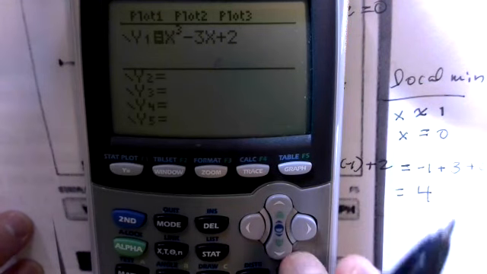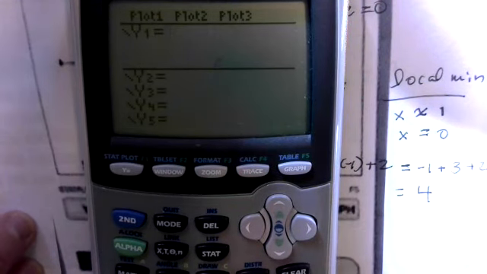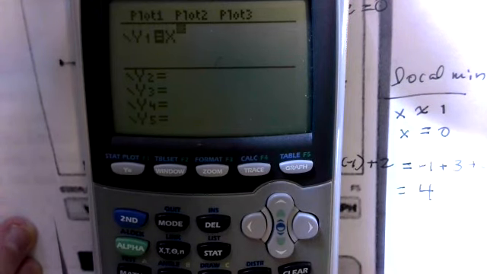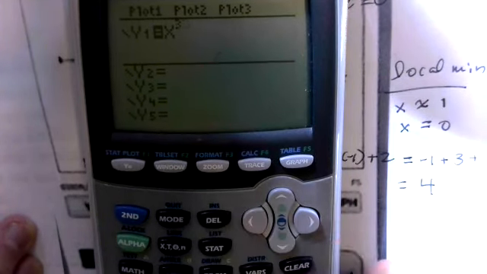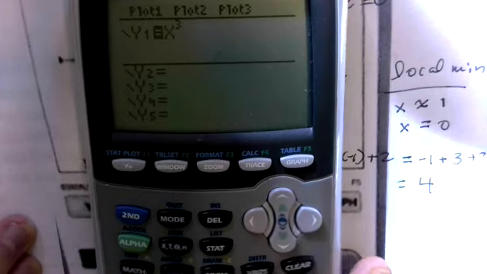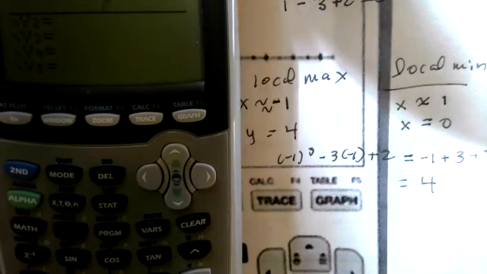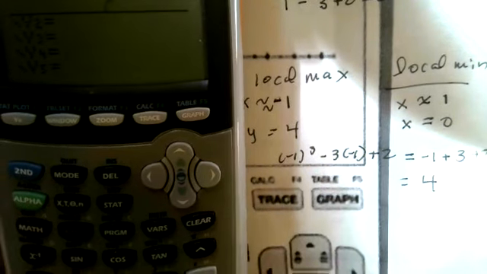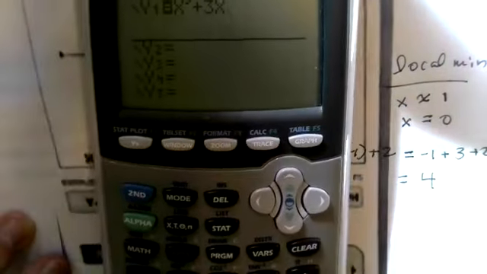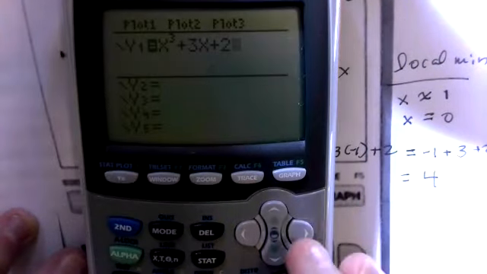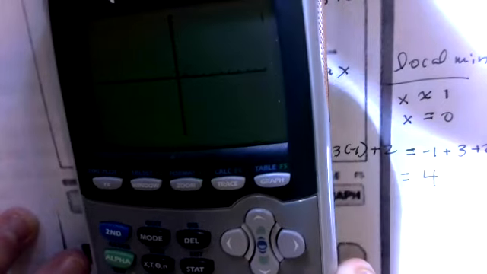So to put it in, just to make sure you know how, you go x and then you use this for your exponent. But if you have one of the newer calculators, you need to use the arrow to get out of the exponent. And then you go minus 3x plus 2. And then you can hit graph.